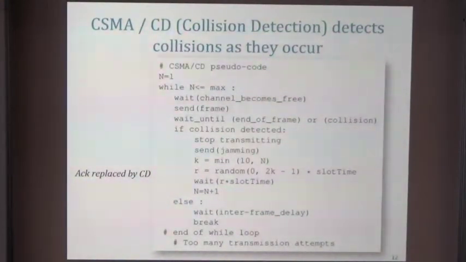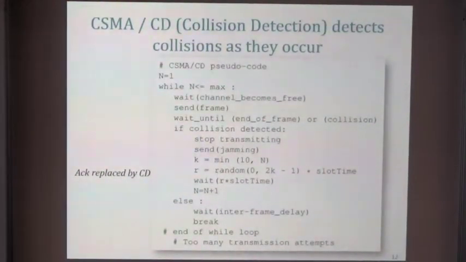We can sense a collision if the signal we are decoding is not the signal we have sent, but there is something else that is being sent. If that happens, we decide that there is a collision, and we stop transmitting, wait for a random time, and retransmit here. We also send some jamming, but sending jamming simply means make sure the collision is long enough, because this is all analog systems.